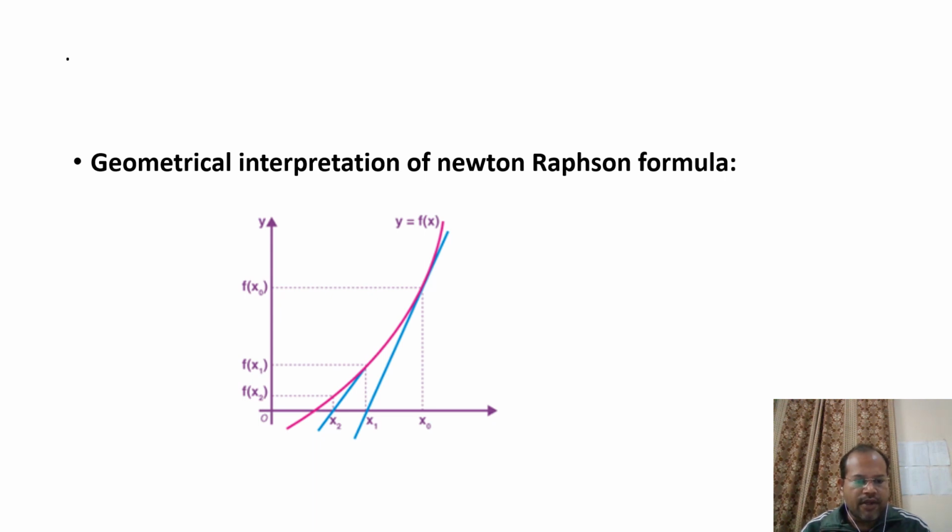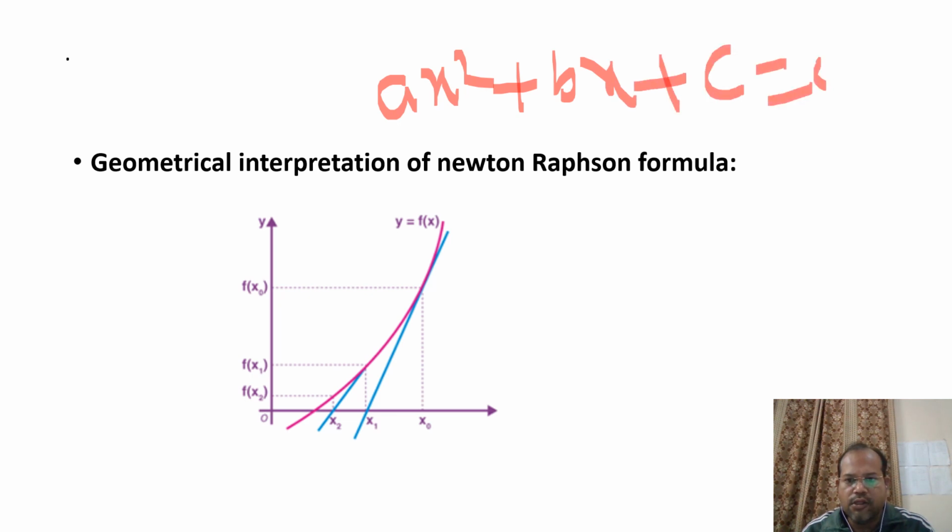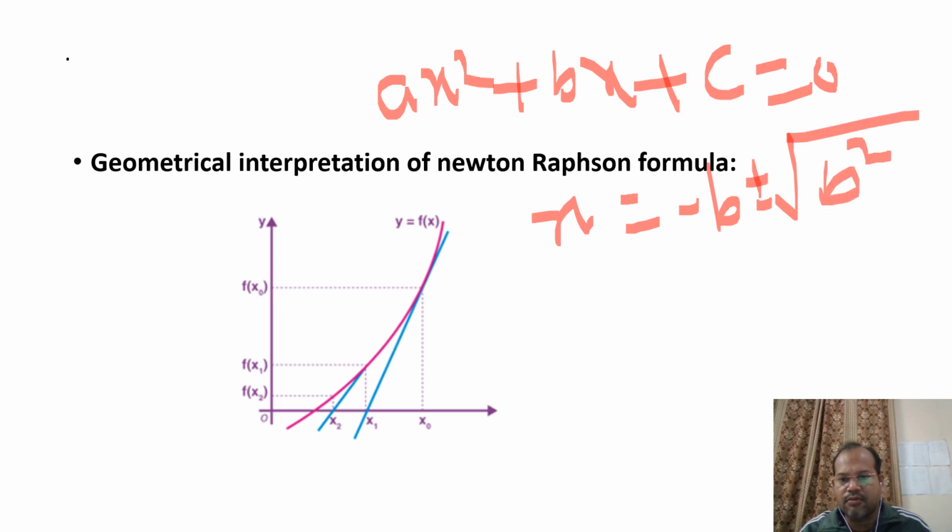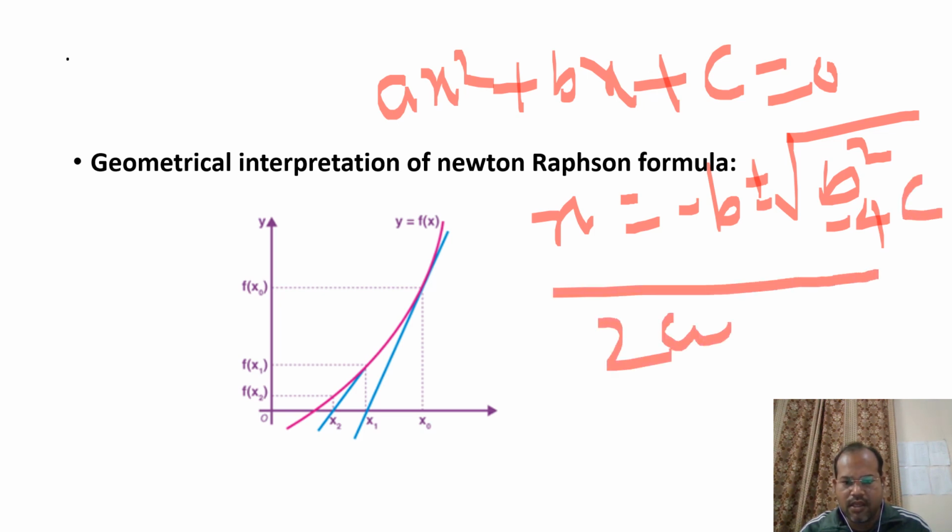When you go to the literature, if I have any quadratic polynomial ax square plus bx plus c is equal to 0, I have a direct formula, an exact method which can find its root, and this is the Sridharacharya formula, x is equal to minus b plus minus square root of b square minus 4ac divided by twice of a.